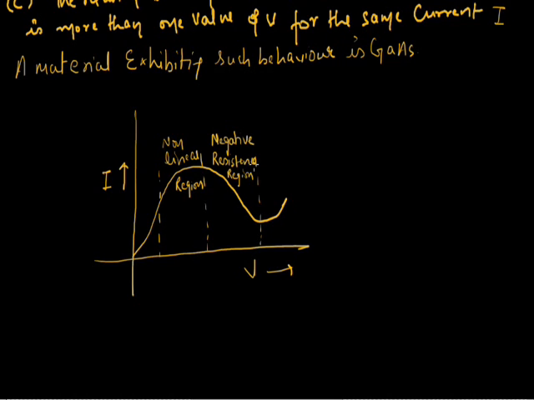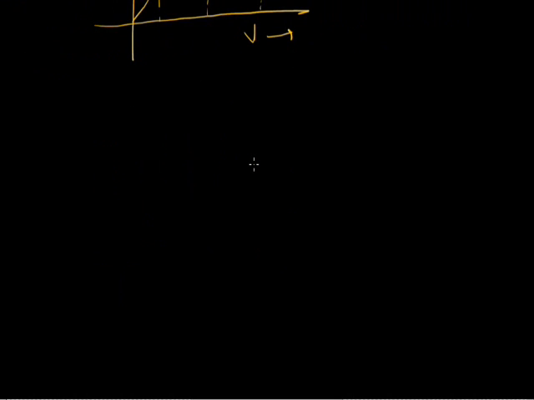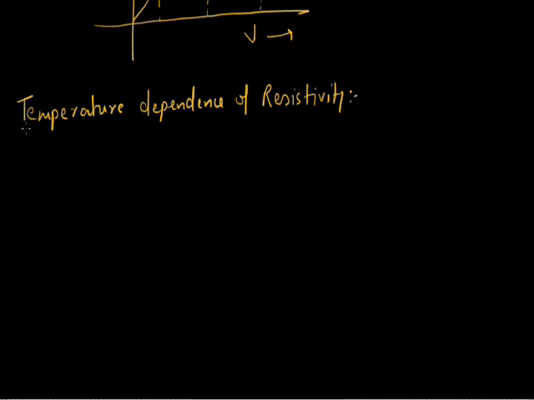Now we see the resistivity of various materials. First of all, we define what is resistivity. Now we see the temperature dependence of resistivity. The resistivity of a material is found to be dependent on the temperature.